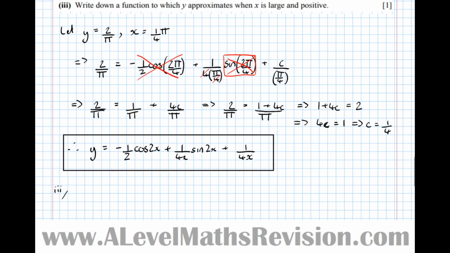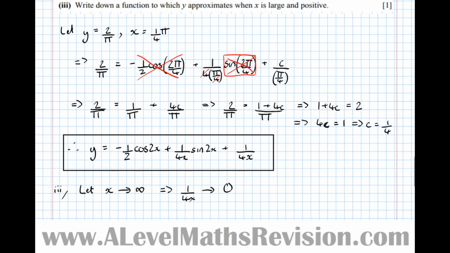It says write down a function to which y approximates when x is large and positive. So we're going to let x become large and positive. So let x approach infinity, which means that, well, this function here, 1/4x, approaches 0. So as the denominator becomes larger and larger, 1 over 4x approaches 0.